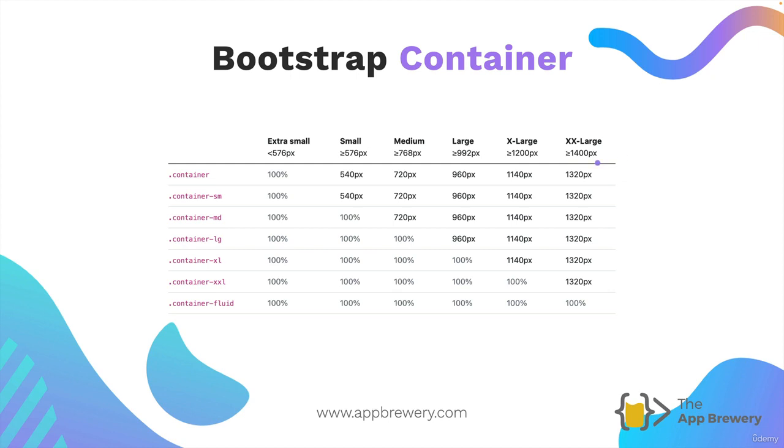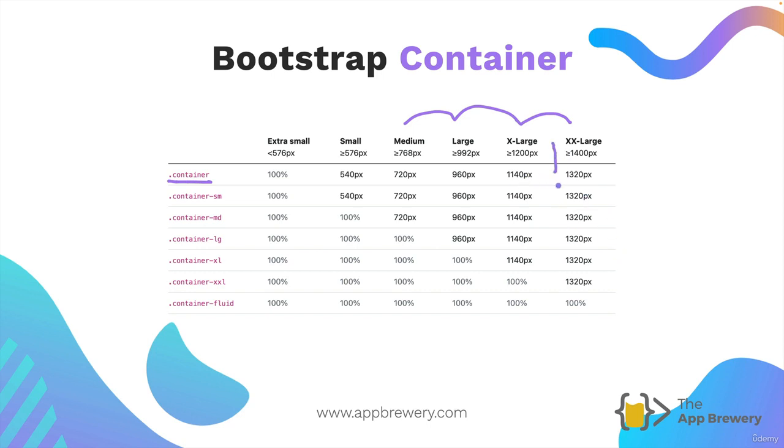Now, the Bootstrap container is responsive. So by defining a div with the class of container, you're actually telling it to have a different size on different sized screens. If we had an XL or an XXL screen, so like a desktop or a TV or something, then that container is going to be this size.